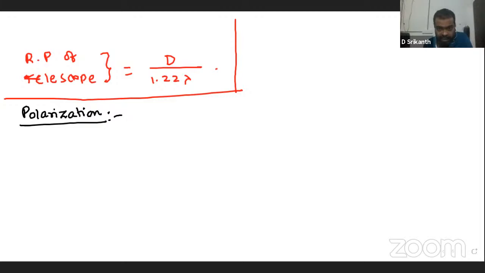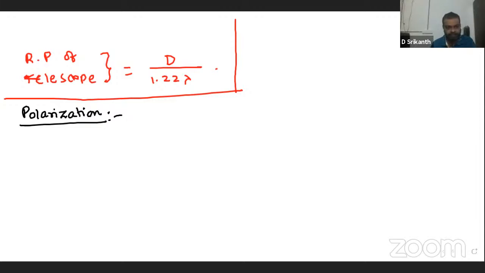In electrostatics, we have the methods of charging, and one of the methods is polarizing. By polarizing a substance, we can charge it.